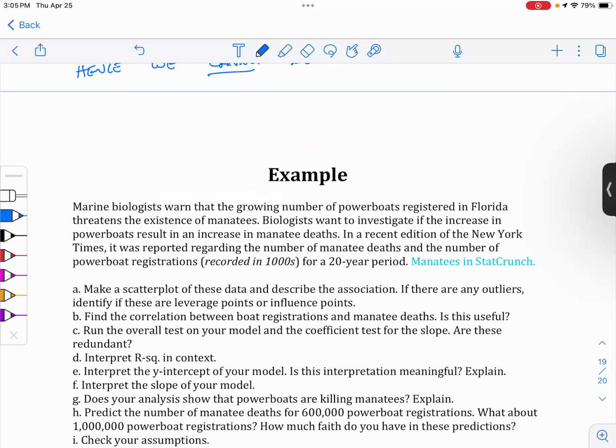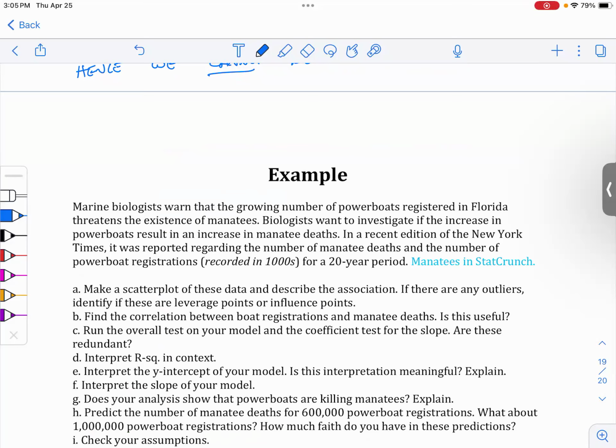Marine biologists warn the growing number of powerboats and the existence of manatees. So the question actually is only talking about powerboat registrations and manatees. Even though we have year, it's not helpful in our regression. So knowing what not to use, that is important.